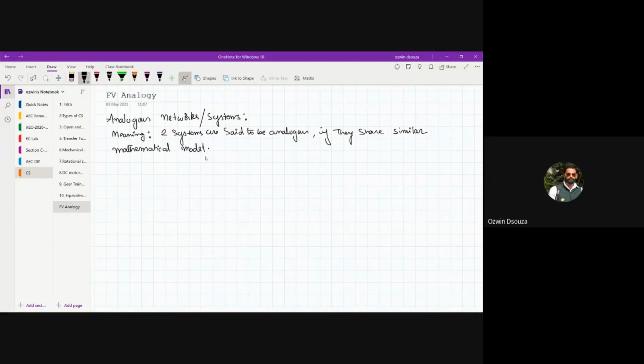If the two systems have a similar mathematical model, then the systems can be called analogous systems.